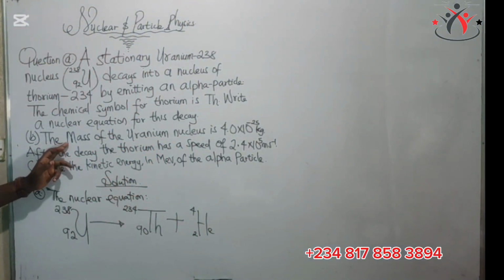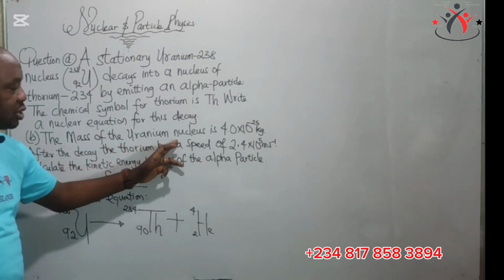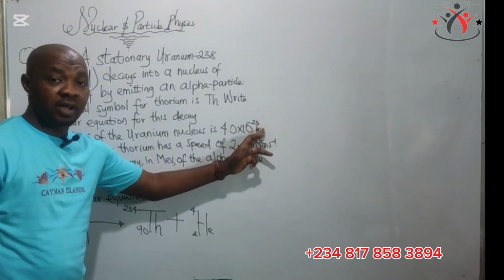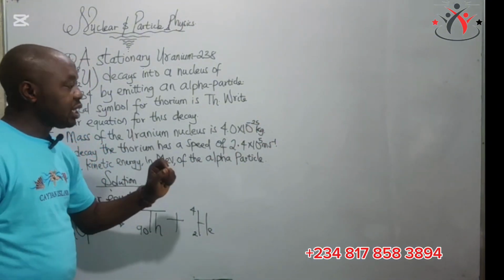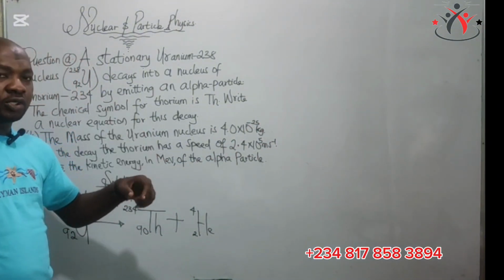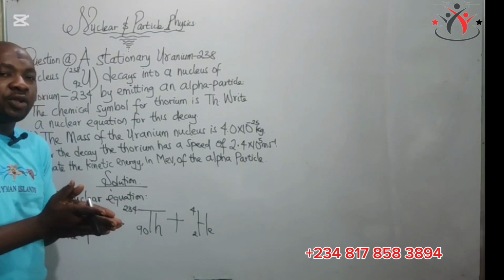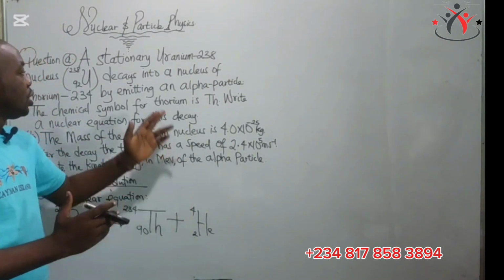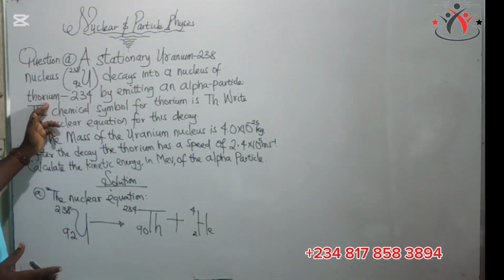We have here that the mass of the uranium nucleus is 4.0 multiplied by 10 to the negative 25 kilogram. It is a stationary uranium nucleus that decays into a nucleus of thorium-234.